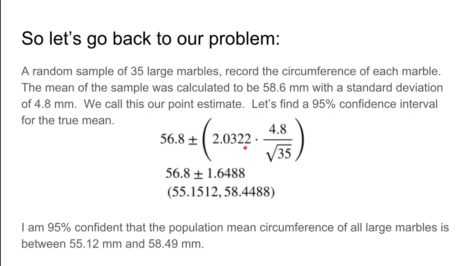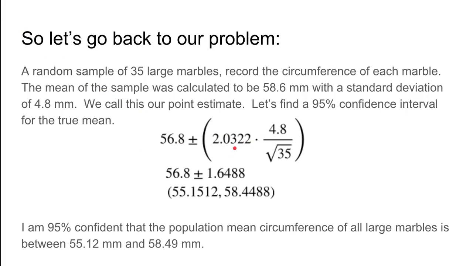Well, I went to my calculator, I did an invert t directly underneath invert norm, and I typed in 0.025, because if you're 95% confident, that'll put 2.5% at the bottom. And then for degrees of freedom, I did 34 degrees of freedom, because remember, there are 35 marbles in my sample.